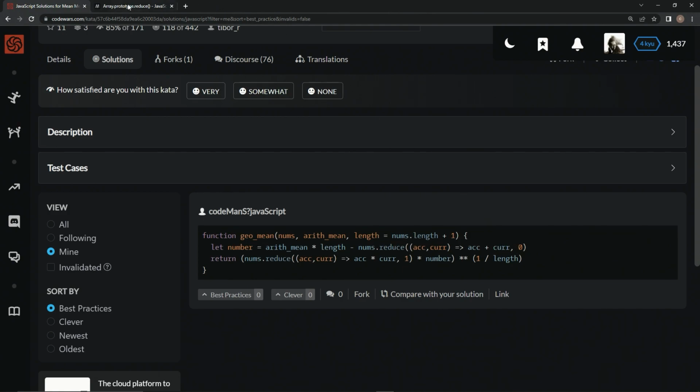You can read up on reduce if you really don't know how it works. And then we're going to do the reduce over here to get the product. The initial value is 1, so it's going to be 1 times all these, whatever they are, and then we multiply that also by the missing number, and then take the length root, this root right here.